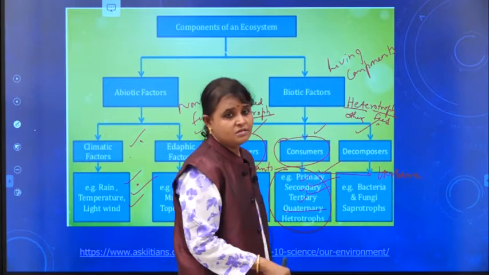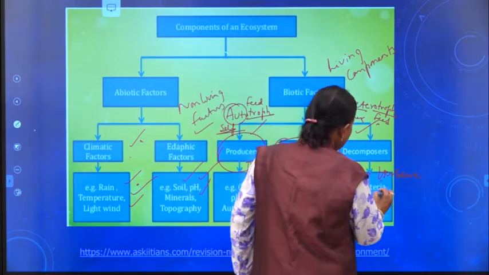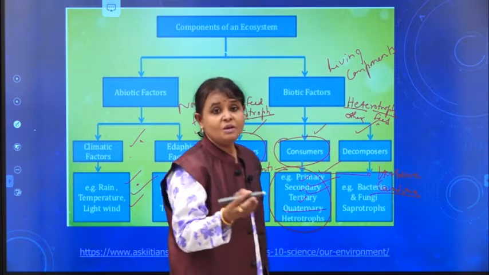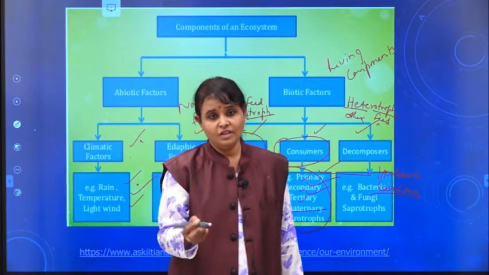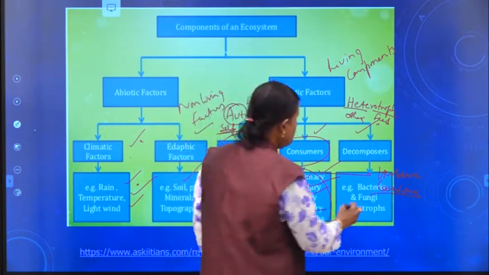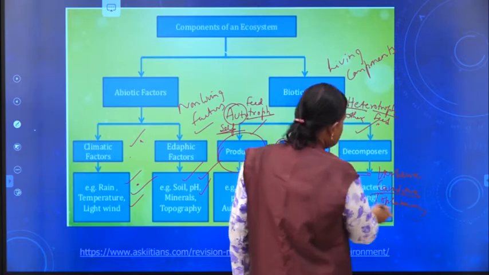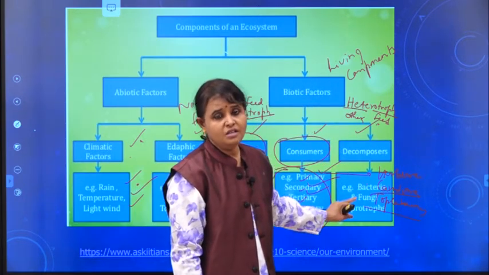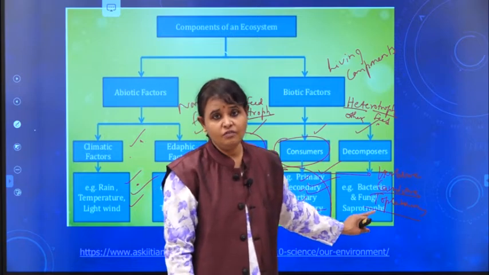Give examples, explain. Now secondary consumer, I told you carnivore, which feed on primary consumers. Give examples. Tertiary consumer, top carnivore. This top carnivore or tertiary consumer feeds on both primary and secondary consumers. Clear for you, all of you?